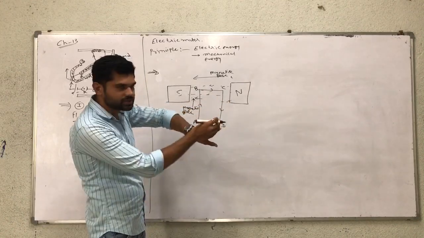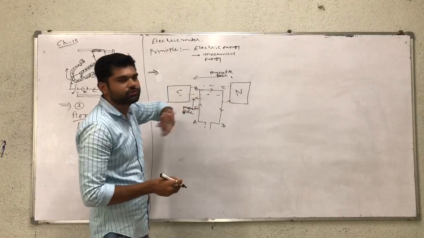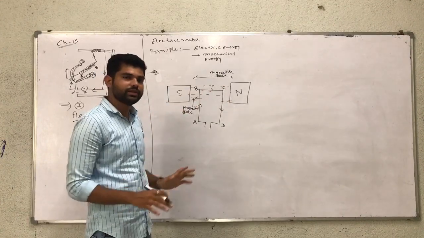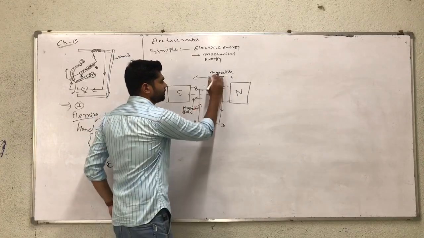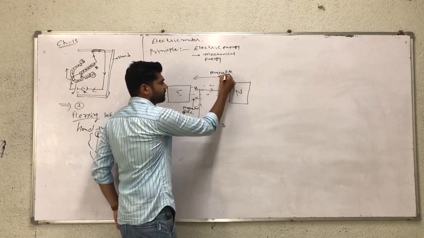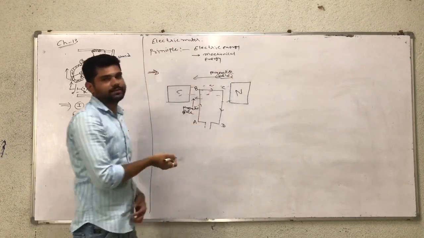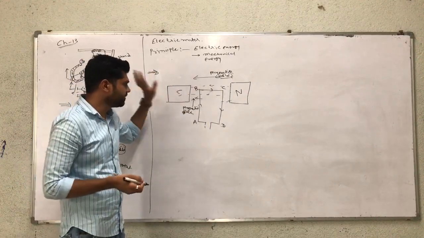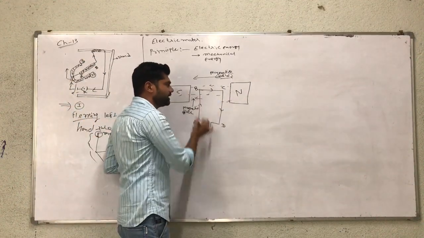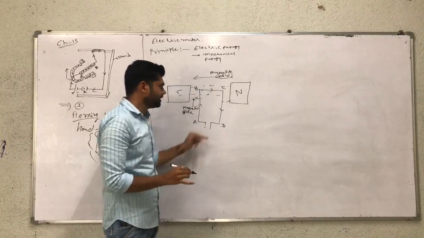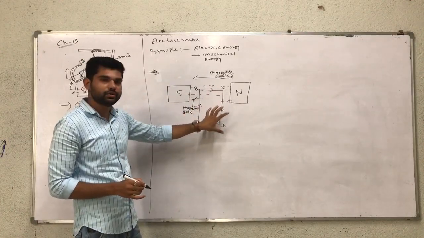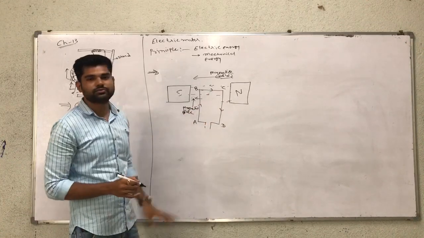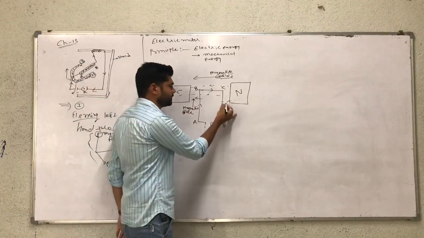The first finger indicates the magnetic field, and we have not changed the poles, therefore the magnetic field line direction is the same for all. Now N to S is the same, and the current is downward, so using Fleming's left hand rule we find the magnetic force direction is downward.